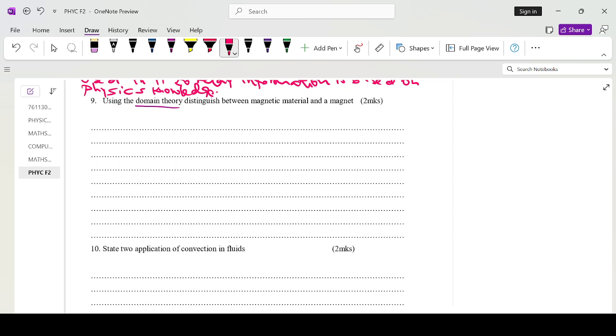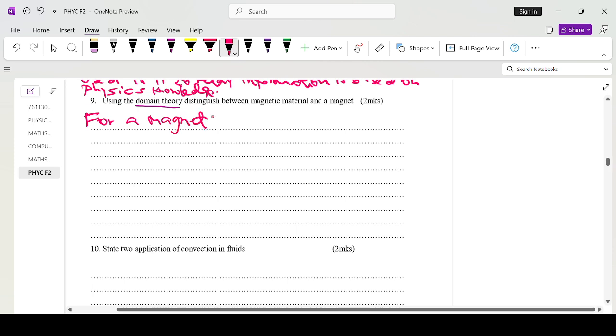So you can say, for a magnet, the dipoles in all domains align towards a common direction.